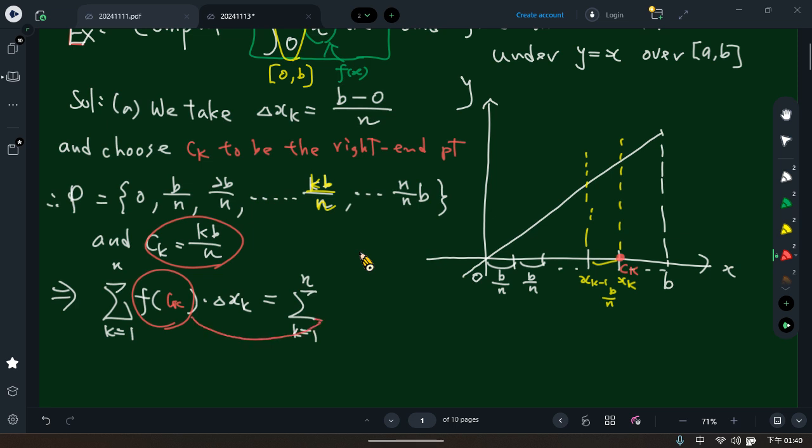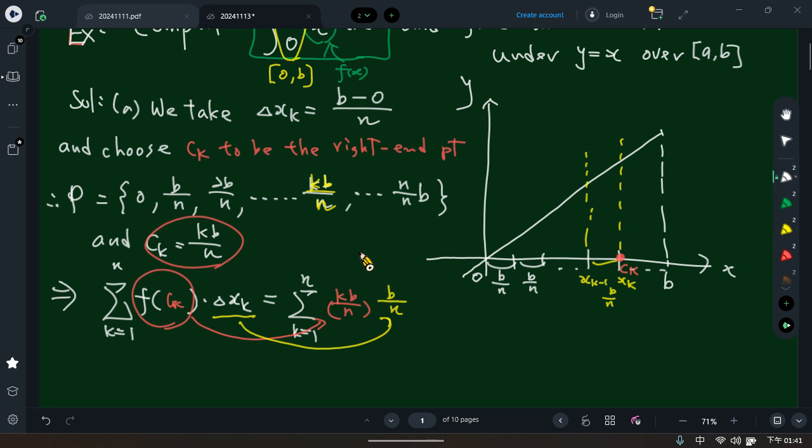Since it's linear, f(x) is equal to x, so when I use c_k as the input, we will get c_k there. And c_k is kb over n, so the result will be kb over n, then times for each segment, it should be b over n.